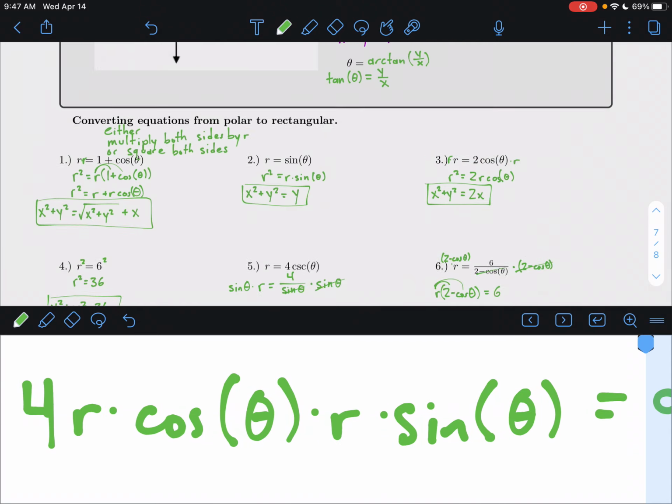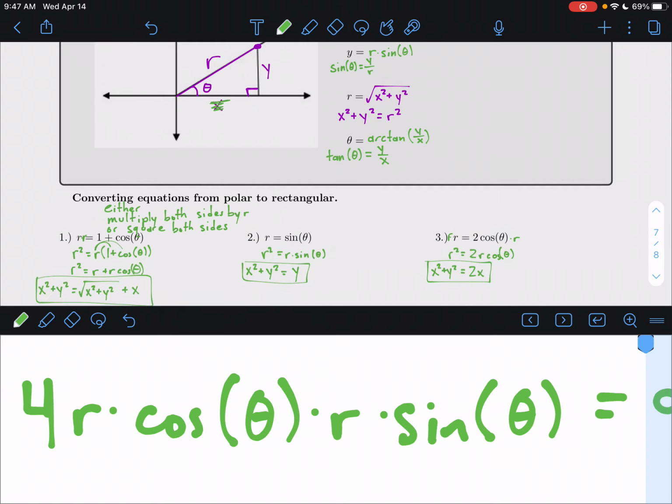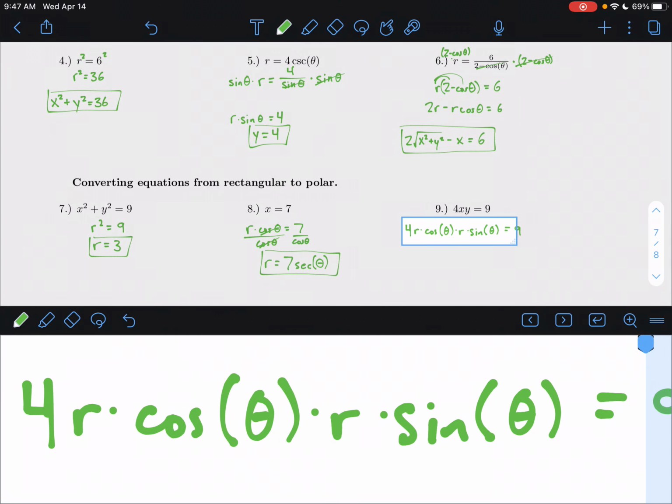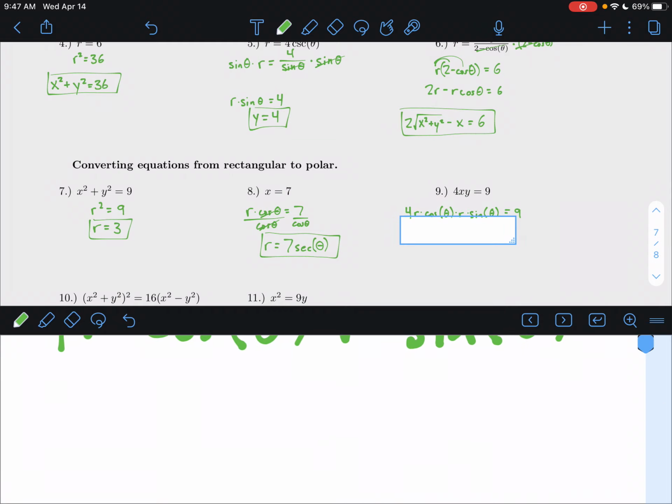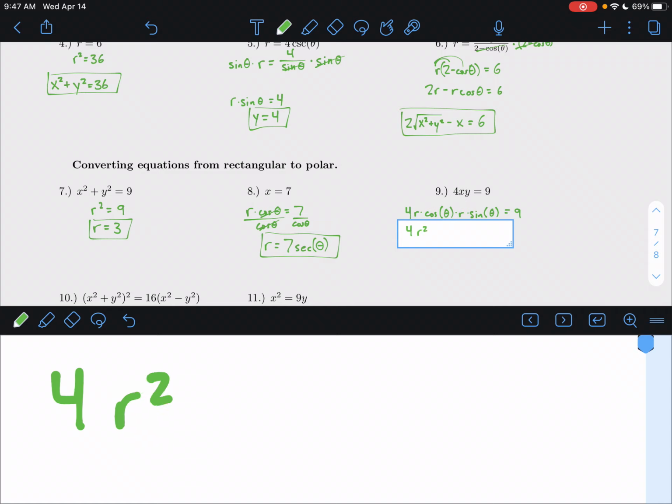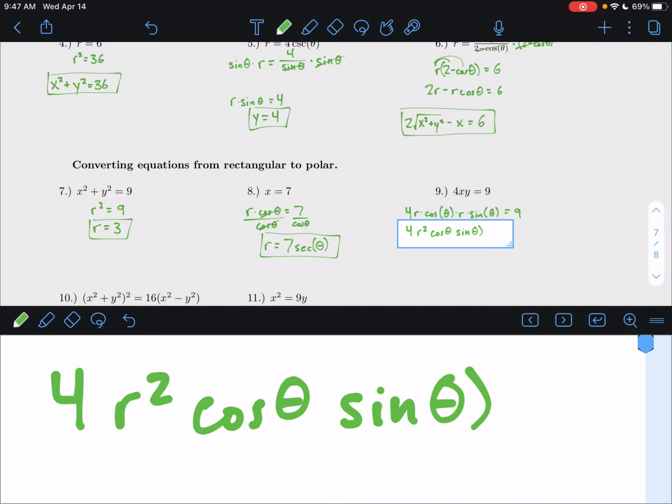And again, I just got those from up here. I will group those r's. So I have 4 r squared cosine of theta times sine of theta equals 9.